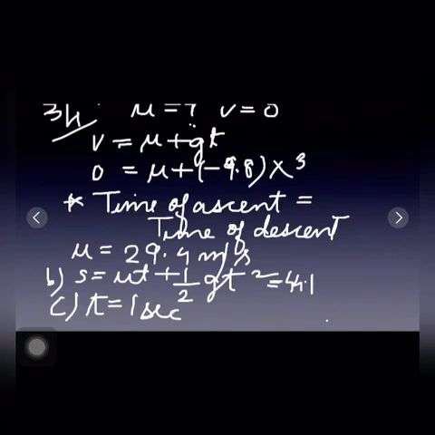Because 3 seconds it will take to reach at the maximum height, and in the next second, which is 4th second, it will start falling downwards. So that's why you have to take 1 second, not the 4 seconds.